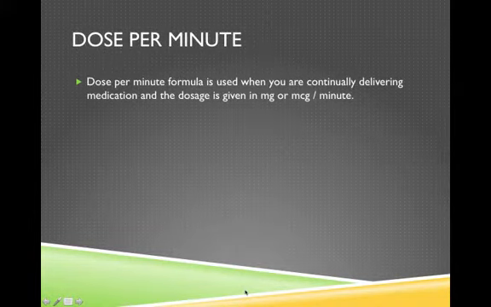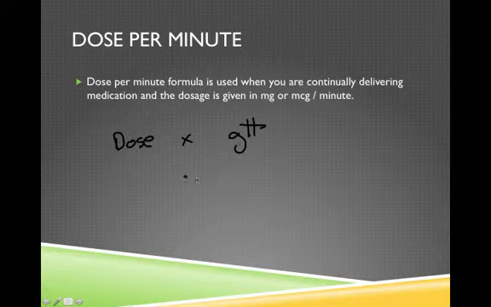Alright, this is going to be dose per minute. The dose per minute formula is used when you are continually delivering medication, and the dosage is given in milligrams or micrograms per minute. The formula itself is this right here: dose times whatever drip chamber and drip factor that you're using, divided by the concentration strength.